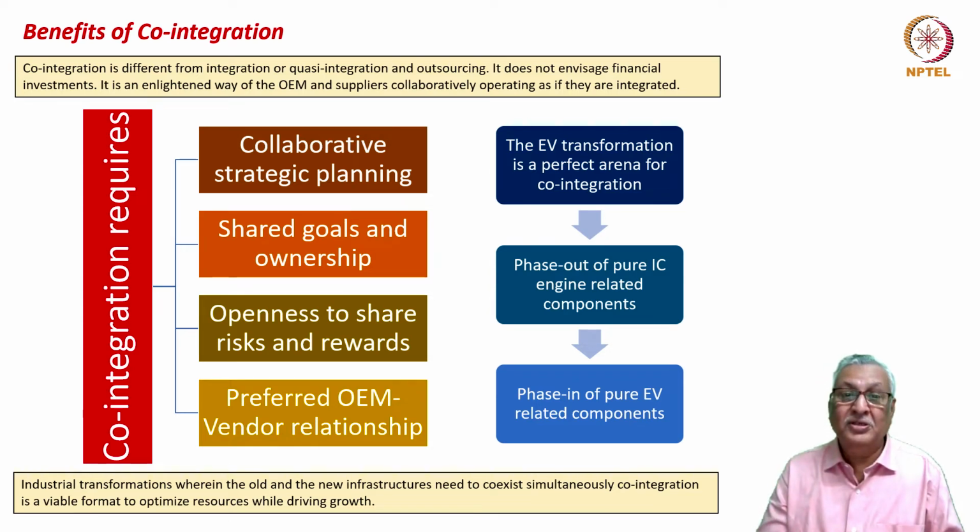The first step in such an approach would be to ask the component makers who are likely to be threatened by the electric vehicle introduction about their strategic plans to get into a new business line of EV parts. And if their intention is positive, then collaborate with them. Lay out your own plans for electric vehicle development and encourage them and inspire them to come up with their own electric component making perspectives.